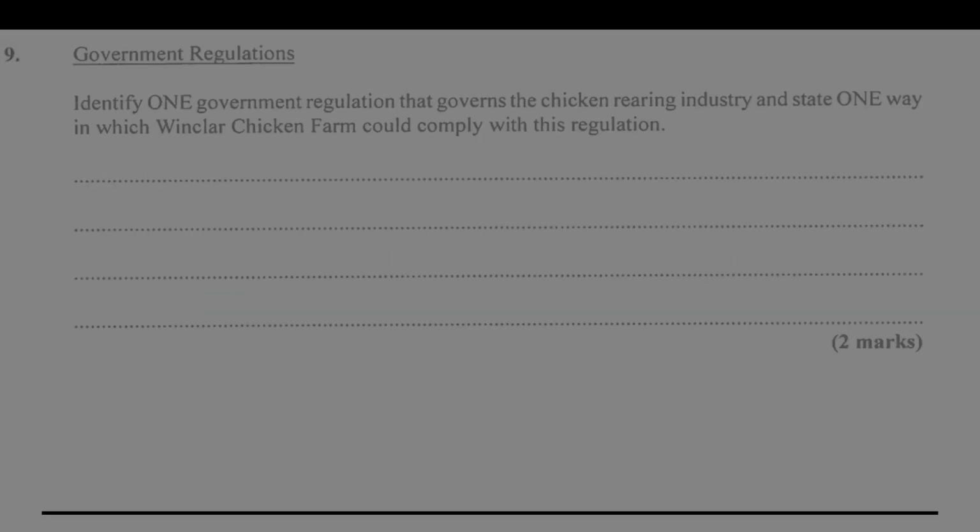Next, number 9, government regulations. Identify one government regulation that governs the chicken rearing industry and state one way in which Winkler Chicken Farm could comply with this regulation. So, one government regulation that applies to the chicken industry and one way in which Winkler can follow this regulation.